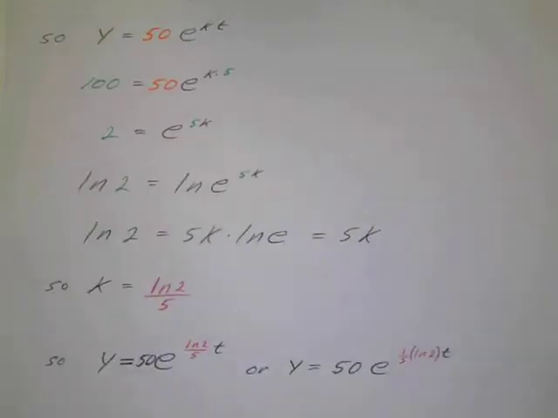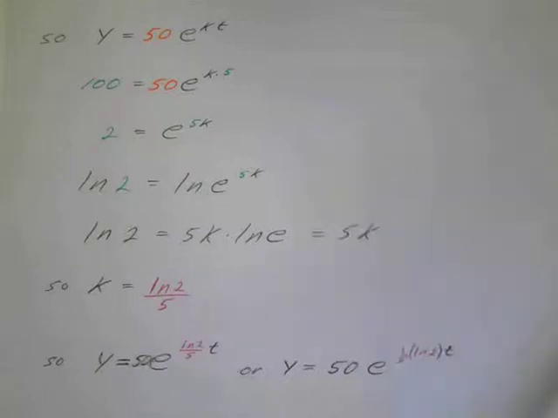I'll leave that for a second. And then number 15, it says in exercises 15 through 18, complete the table for an investment if interest is compounded continuously. All right, so let's take a look at number 15. And we have a table.